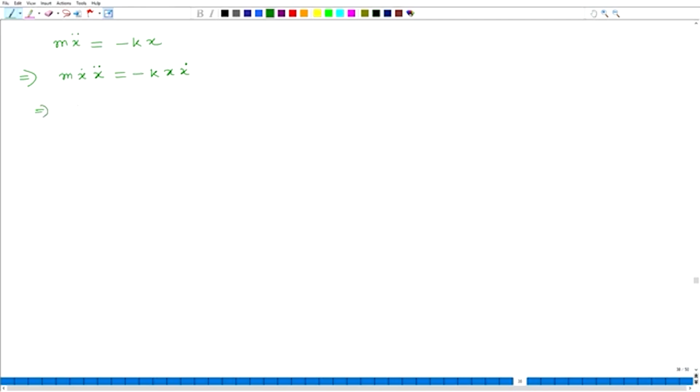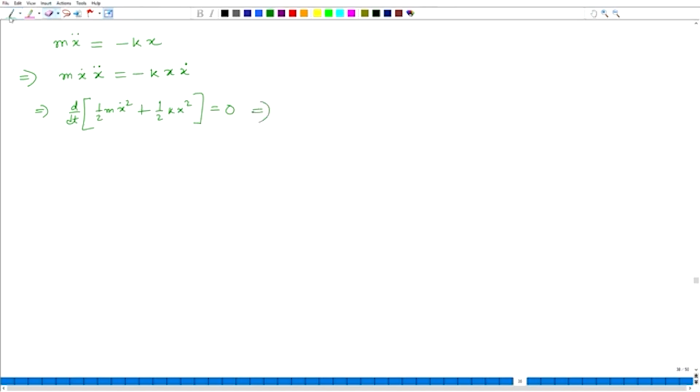I can write this thing, as you already know, I have done this trick also for the conservation of total energy. This is nothing but d/dt of half m x dot square plus half k x square is equal to 0.